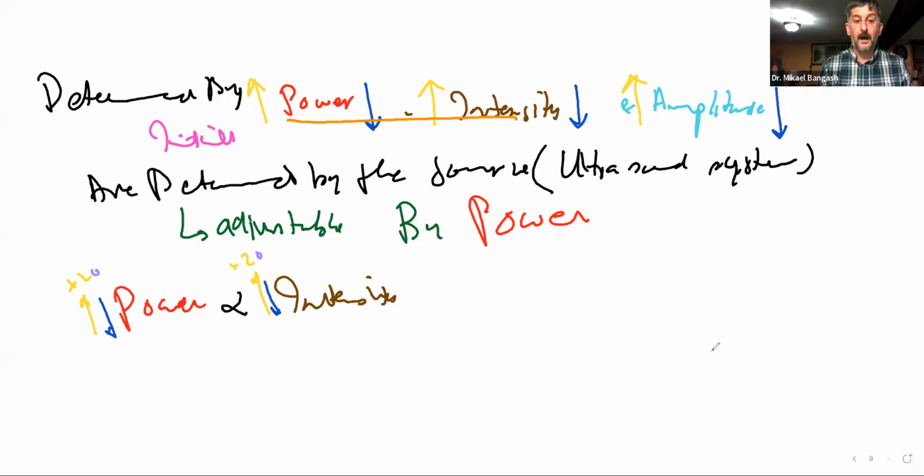Now, the question then goes, what about intensity? Oh, sorry, amplitude. Now, we can mainly say that to begin with, both power and intensity are going to be directly proportional to the amplitude.